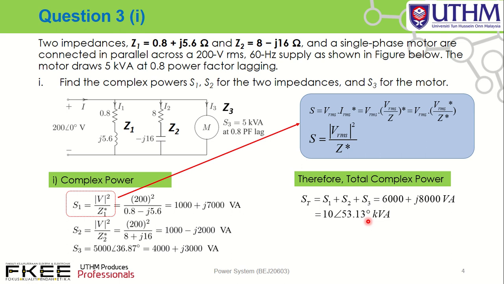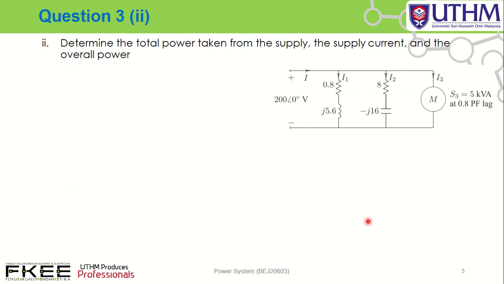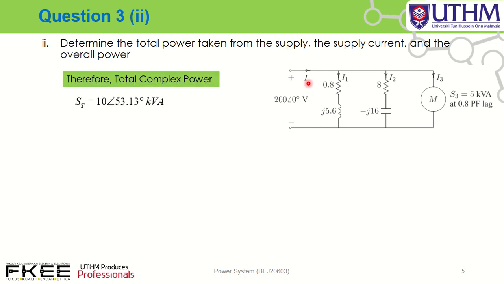Next we move to question 3 part 2: determine the complex power taken from the supply, and determine the supply current. We already calculated the total complex power, S total equal to 10 angle 53.13 kilovolt ampere.